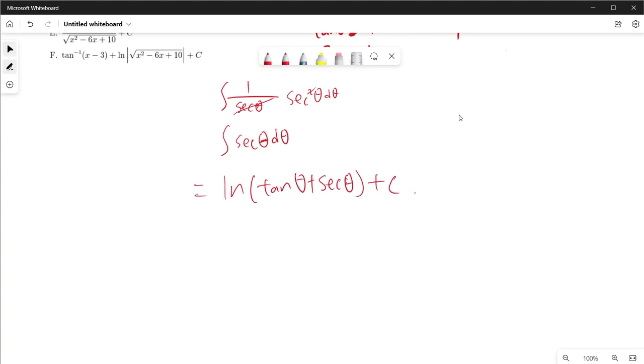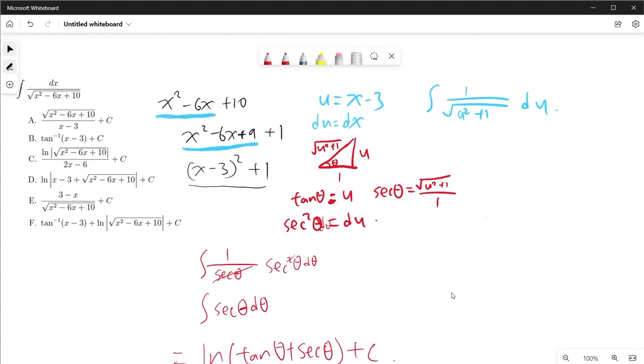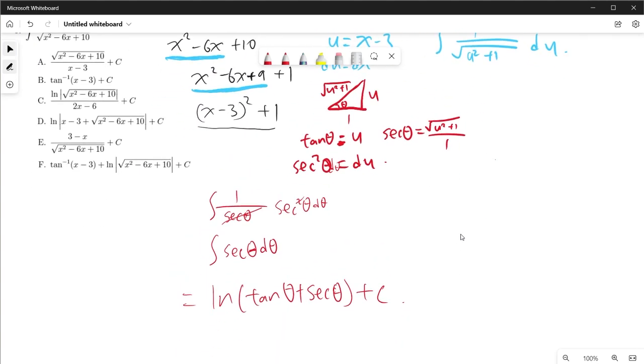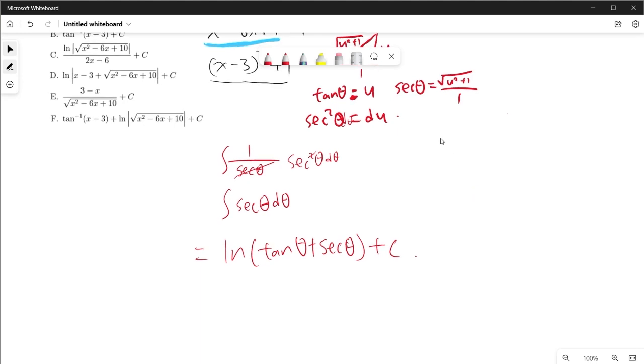So now we can just sub everything back in the way it came from. Secant theta would be the square root, and tangent theta would be u. So ln of u plus the square root bit, plus c.